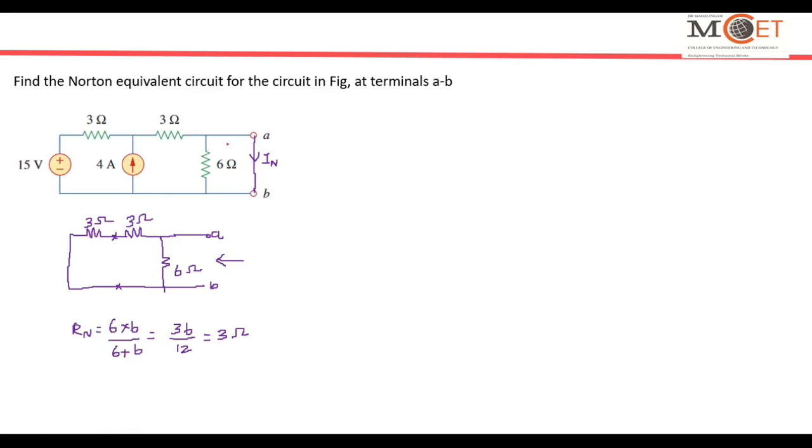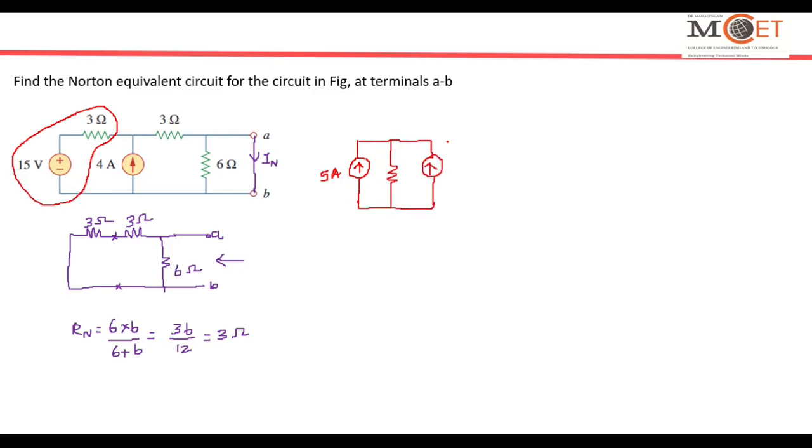The current which is flowing here, I can easily find by converting this into an equivalent current source. So when I convert this into an equivalent current source, I will get a current source heading up of 15 by 3, which is 5 amps. 5 amps current will be flowing, and that will be in parallel with a 3 ohm resistor, and that will be in parallel with a 4 amps current.